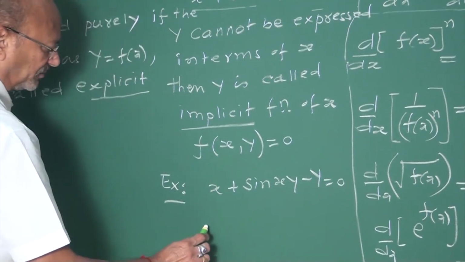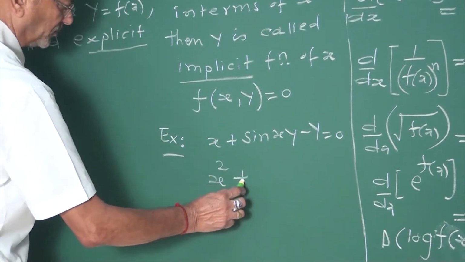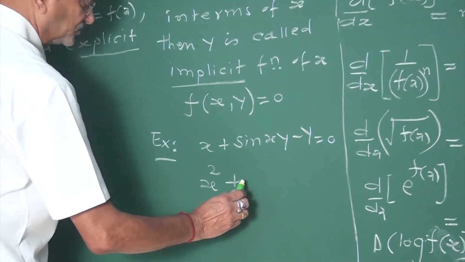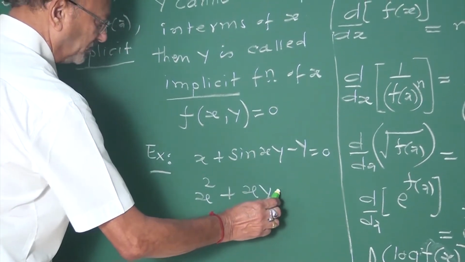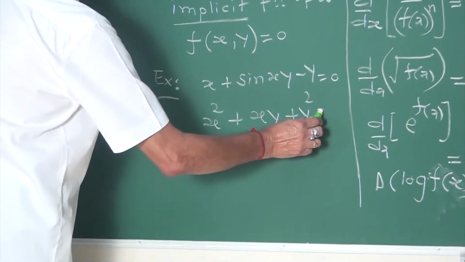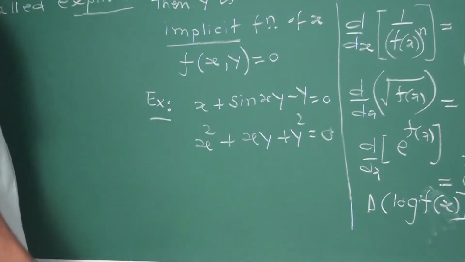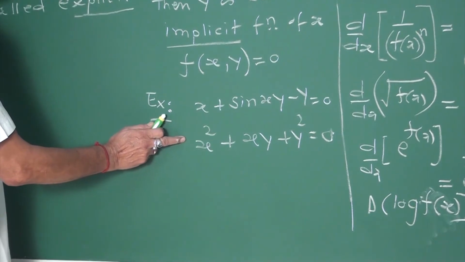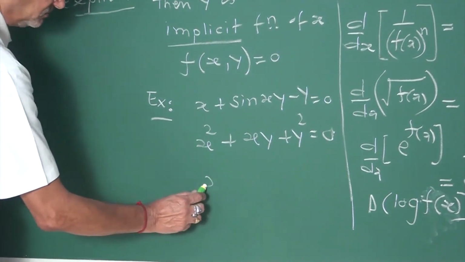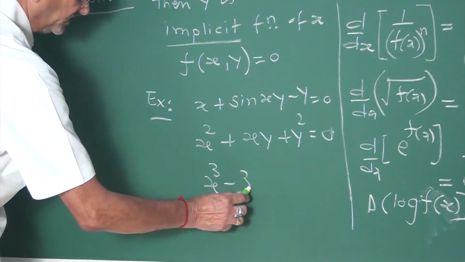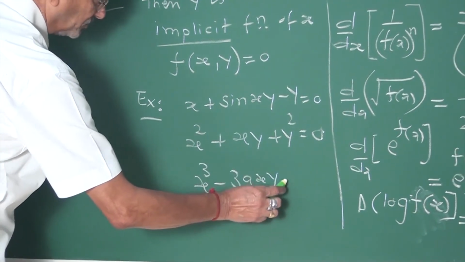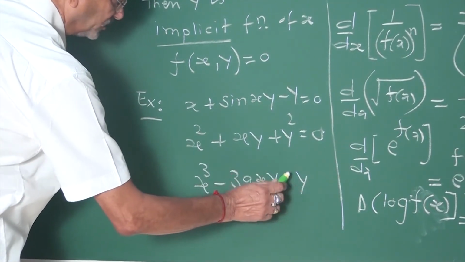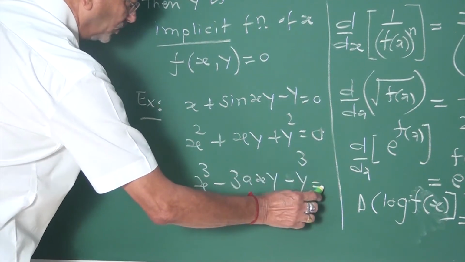What is another example? It is x square plus xy plus y square equal to 0. Another one is x cube minus 3xy plus y cube equal to 0.